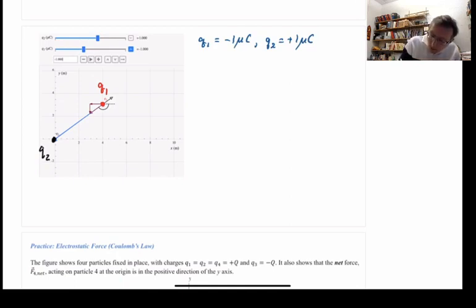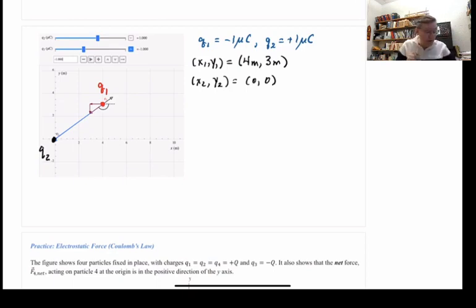To be clear, the coordinates of our particles, x1, y1, are 4 meters, 3 meters, and x2, y2 is 0, 0. That's the origin. Our first task is to calculate the magnitude of the force on 1 due to 2.